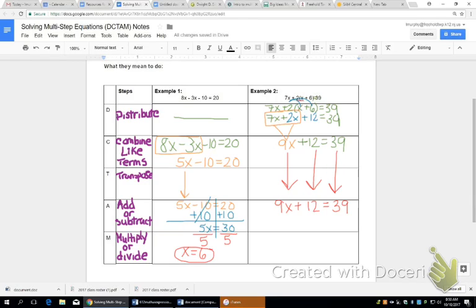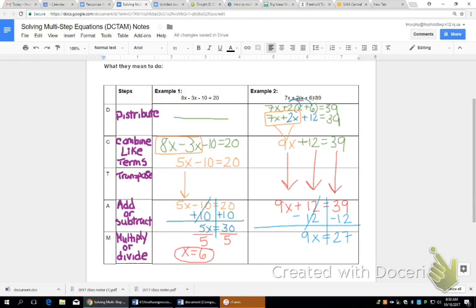All right, so adding or subtracting. What do you see here, addition or subtraction? We have addition, so the inverse, as we worked on last week, would be to subtract. 12 minus 12 is 0, so now we have 9x equals 27, and our final step is multiply or divide.